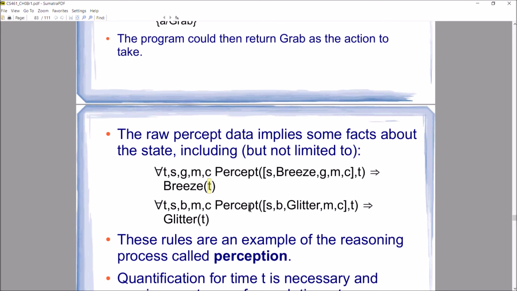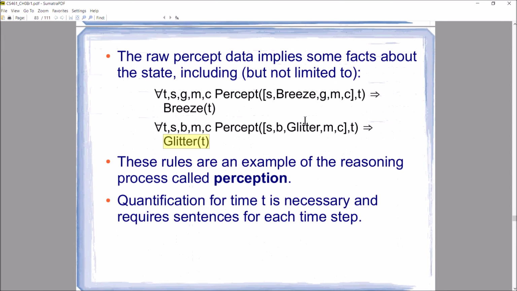A similar thing for any objects in the domain: if we perceive glitter, it doesn't matter what time, that implies that we have seen glitter on turn t. These rules are examples of a reasoning process called perception.